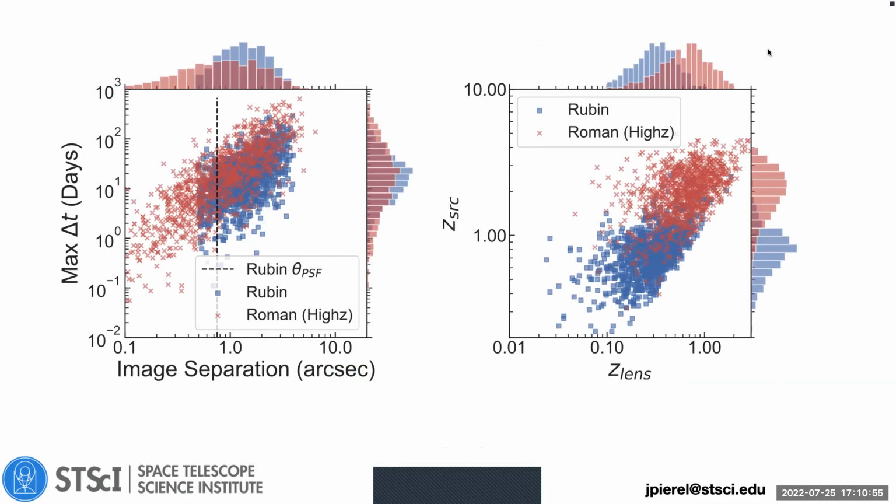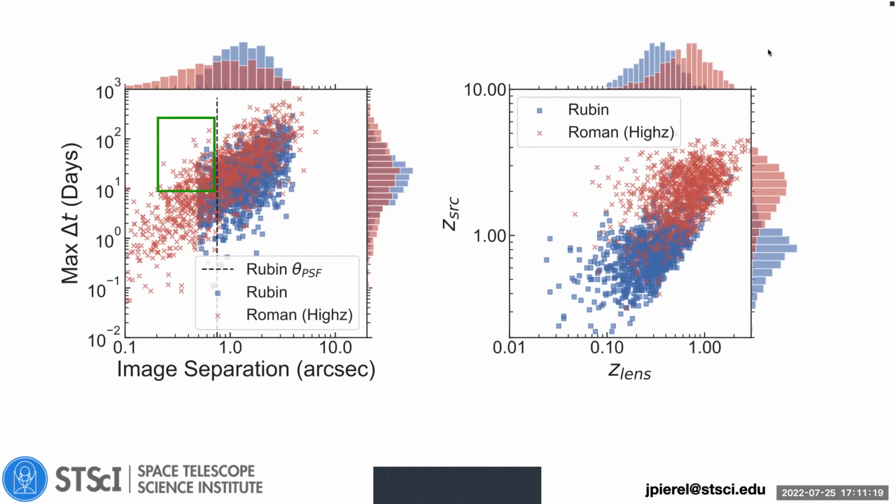So you could also imagine that there would be a bunch of blue unresolved points here, but that sample was just for resolved supernovae. So up in here is interesting because there'll be a set of supernovae that are unresolved by Rubin but detected, and detectable and resolved by Roman with time delays that are greater than 10 days.